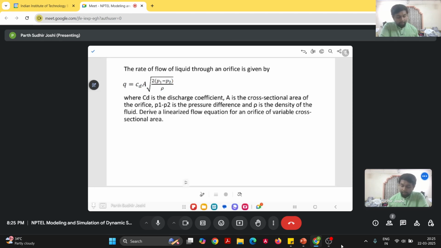So then we can write the partial derivative of q with respect to the area as CD into ... by rho.